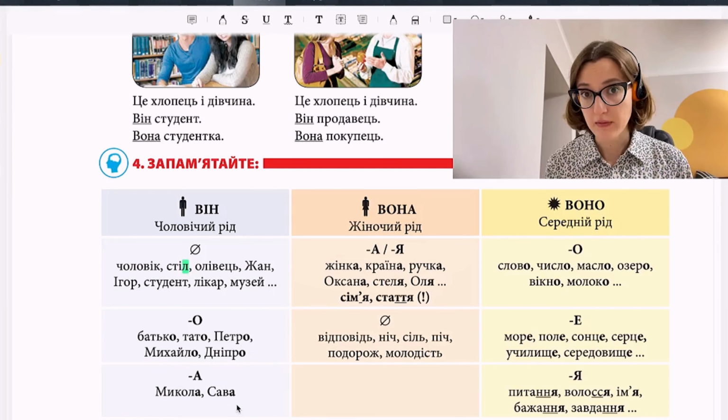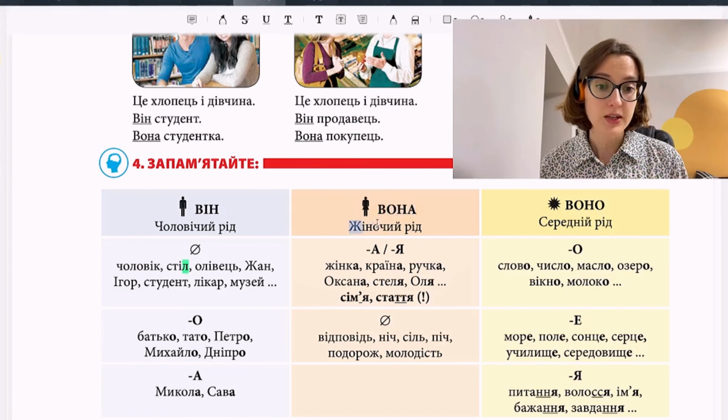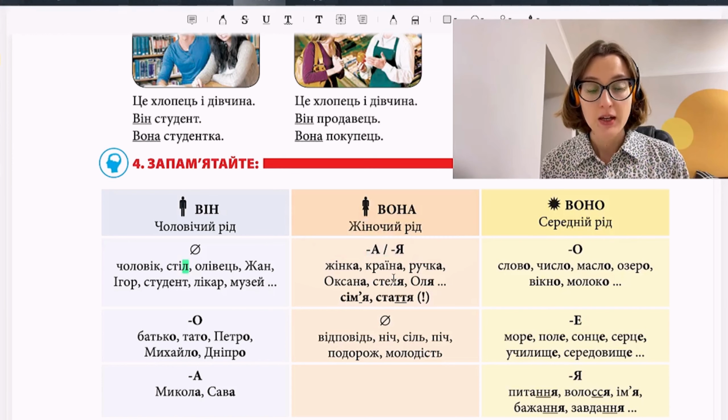Микола, Сава. Так? Добре. Далі у нас жіночий рід, feminine gender. It has а or я at the end. Наприклад, жінка, a woman, so it's feminine.